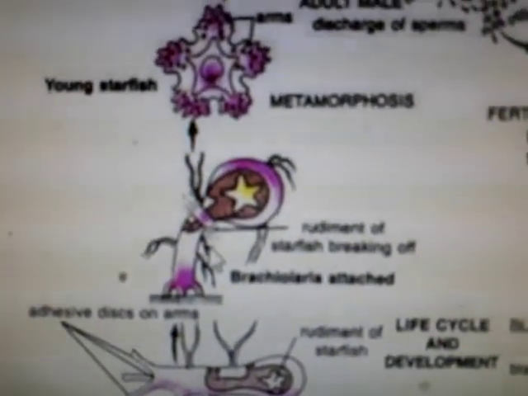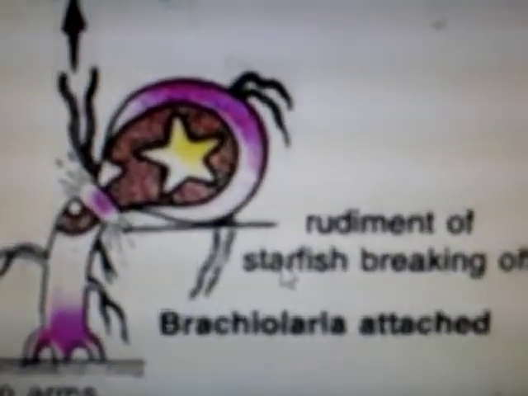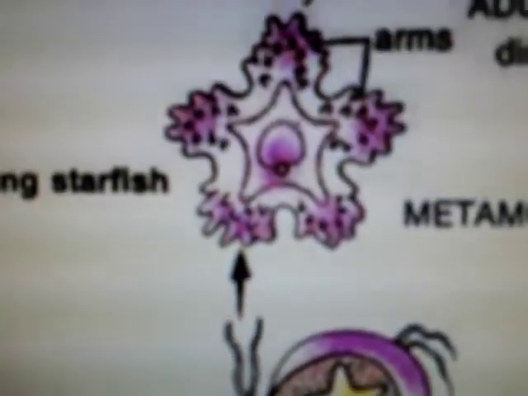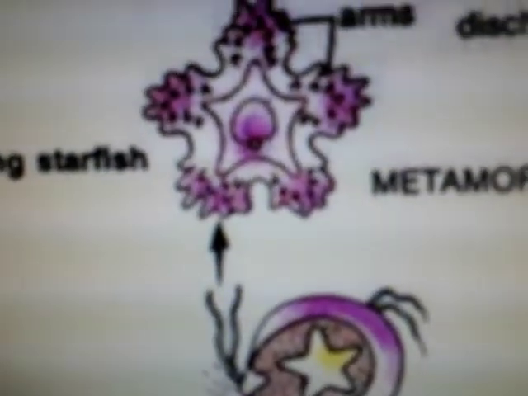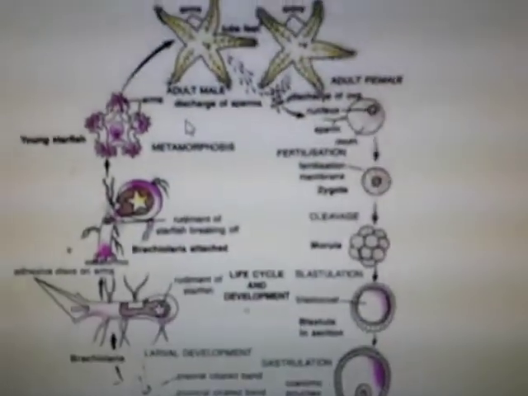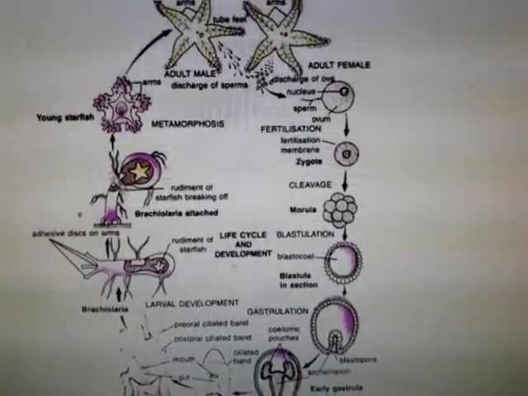Then brachiolaria develops into a young starfish, and this young starfish then develops into an adult starfish. This is the life cycle of starfish, phylum Echinodermata.